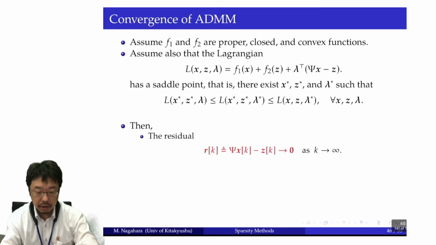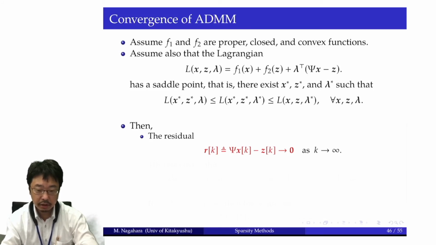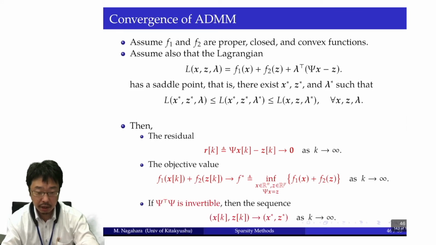Then the residual r_k equal to psi x minus z goes to 0 as k goes to infinity. Also, the objective value f1(x_k) plus f2(z_k) converges to f asterisk, the infimum of f1(x) plus f2(z), as k goes to infinity. If psi transpose psi is invertible, then the sequence (x_k, z_k) converges to an optimizer.